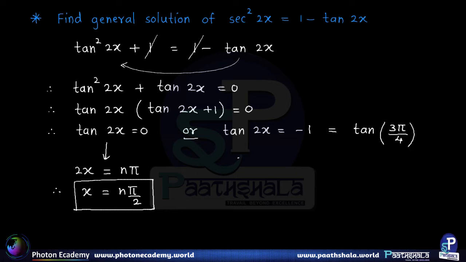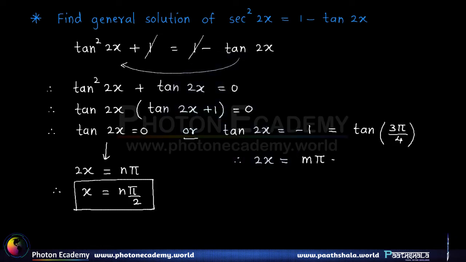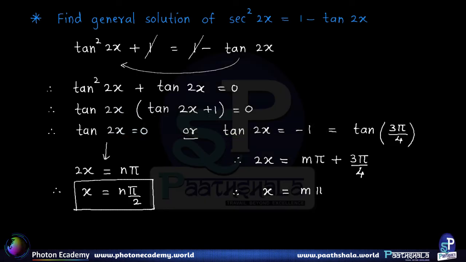So therefore its general solution is given by 2x is equal to, instead of n, now we consider m pi plus 3 pi by 4, which is a general solution of the type of equation tan theta equal to tan alpha, right? As we want x, we will cancel the factor of 2 from both sides, giving us x equal to m pi by 2 plus 3 pi by 8.